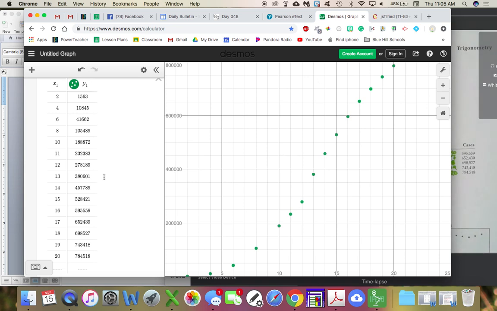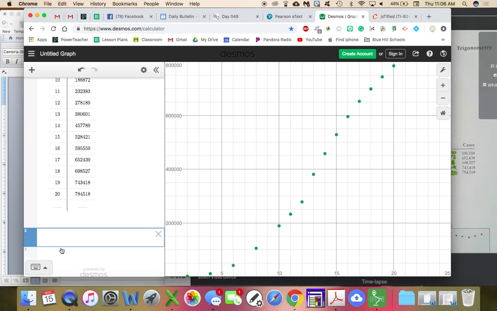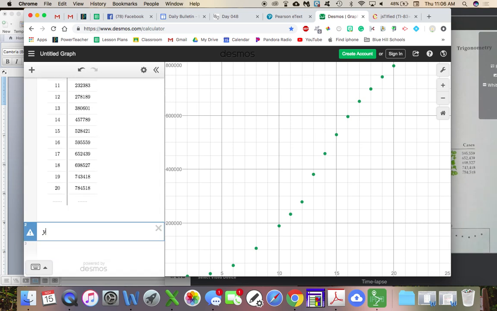If we were to try to say calculator or computer, make me a linear function, what we would do is, I think I showed you this before, haven't I? If we want this to be a linear function, it's y equals mx plus b, right? Okay, so I'm going to say y, but it's not going to know what I mean when it says y, because this column is named y1 for some reason. So go ahead and type in y1.